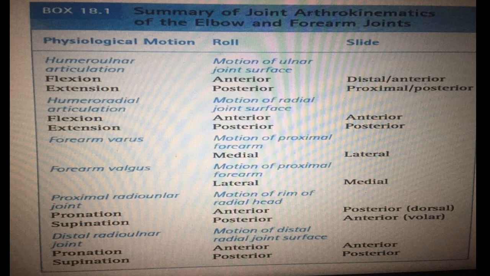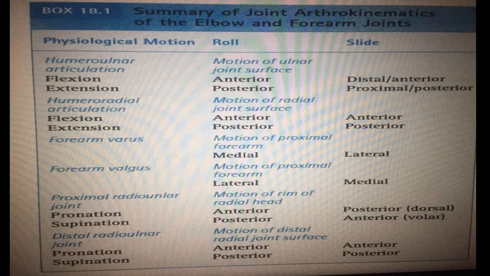Now the distal radial joint, where in case of pronation the motion of the distal radial joint surface would be anterior, and the glide, slide would be the same, anterior.